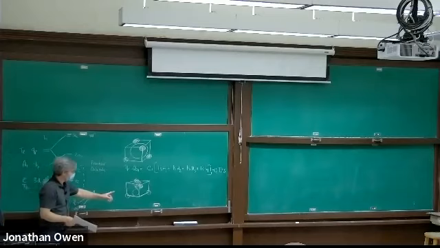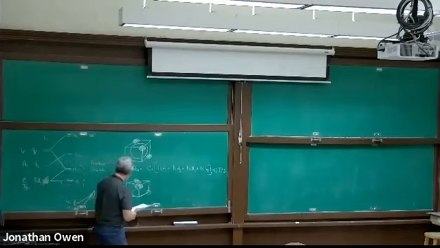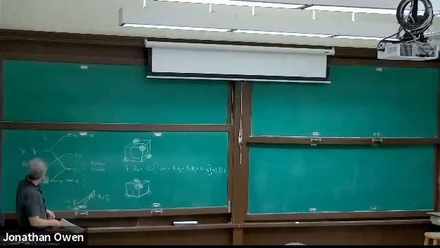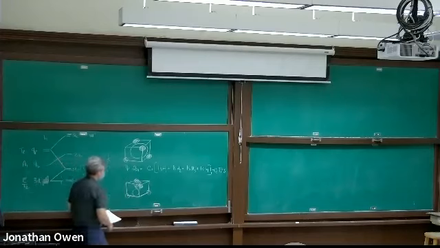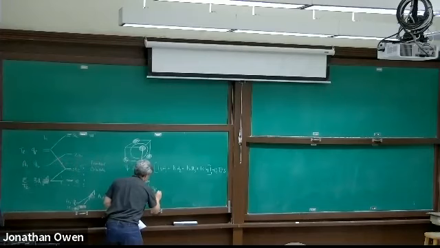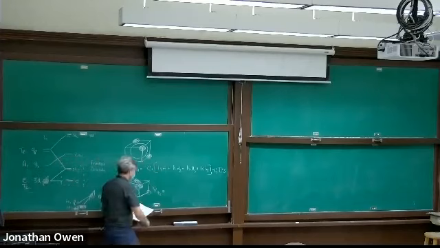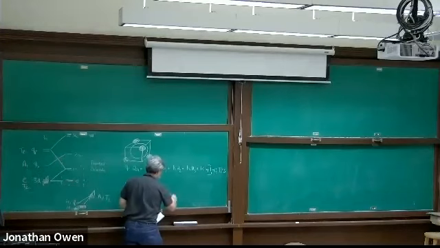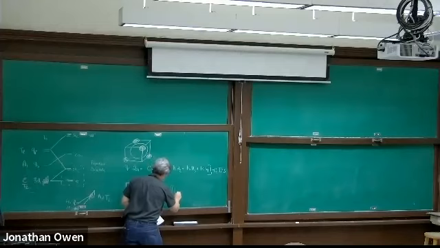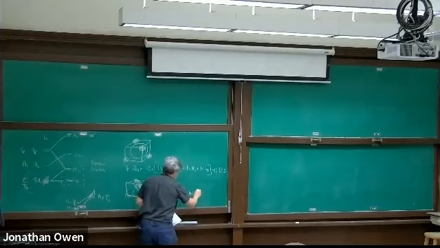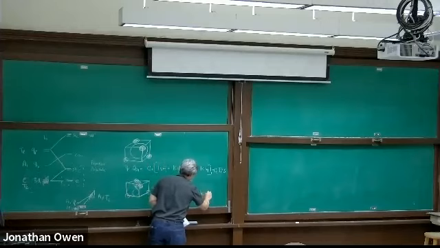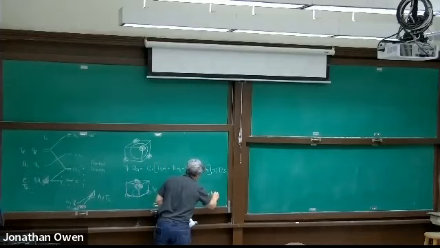So let's just write out the wave function for this one. We'll call it 1T2. So this bonding combination here is going to be some coefficient times 1sH1 plus 1sH2 minus 1sH3 minus 1sH4.